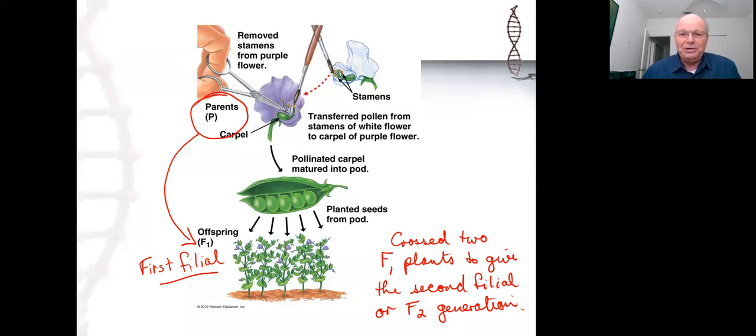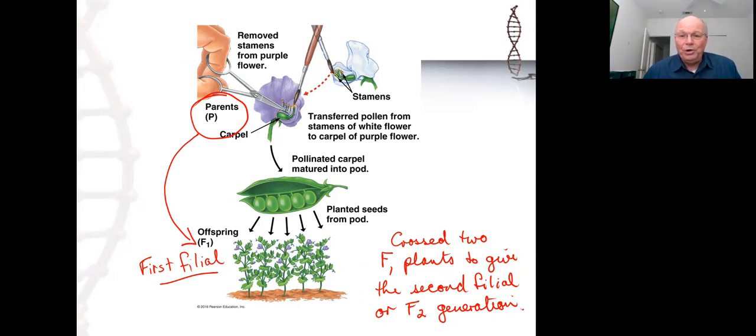But based on his notebooks, the few that we have left, because unfortunately a lot of his notebooks got thrown out by the monks when he passed away and they were cleaning out his quarters. They unfortunately threw out many of his experimental notebooks. We only have a few of them left. But based on what we have, we know that he not only allowed F1s to self-pollinate, but he did actually transfer pollen between two F1s.